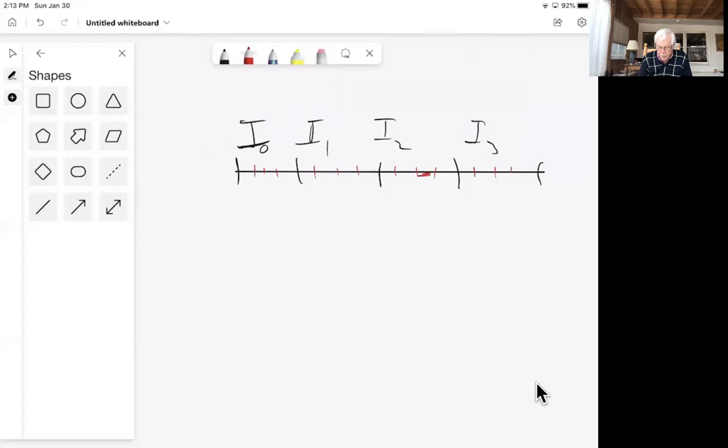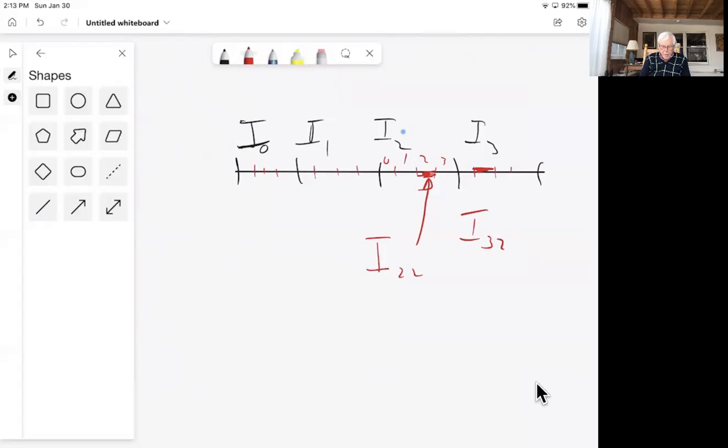Let's pick one here. This interval, for example, is the second interval of I2. So that interval is I2,2. This interval is I3,2.